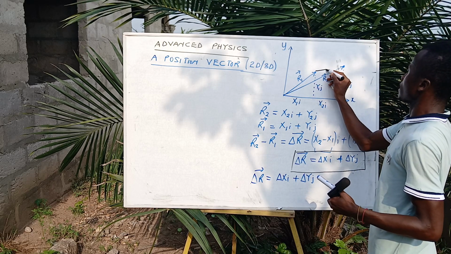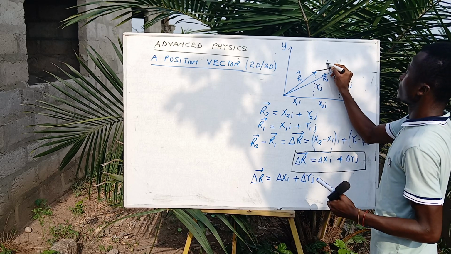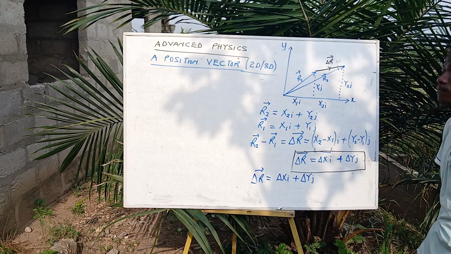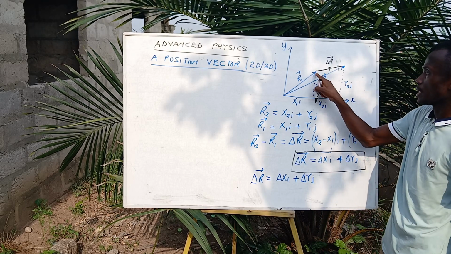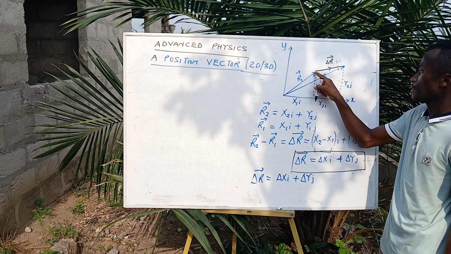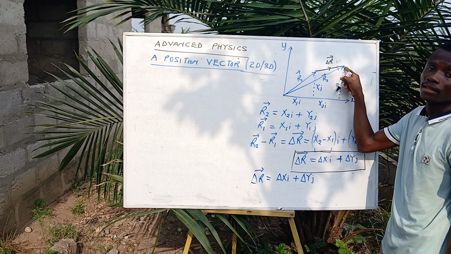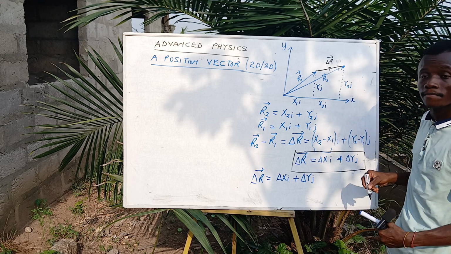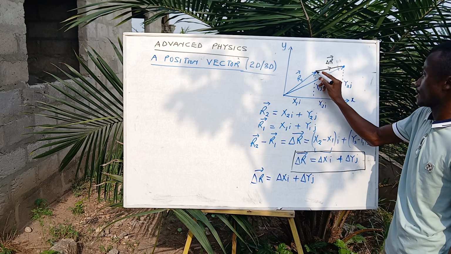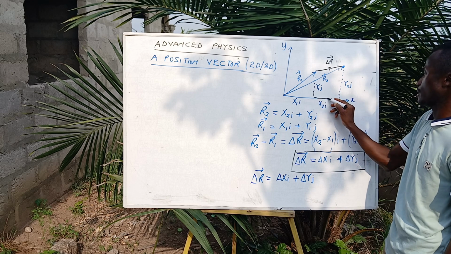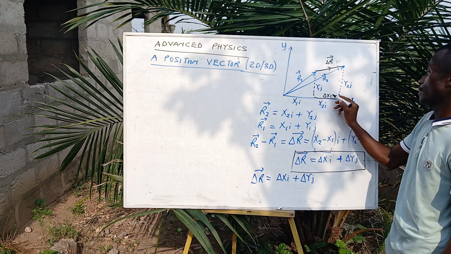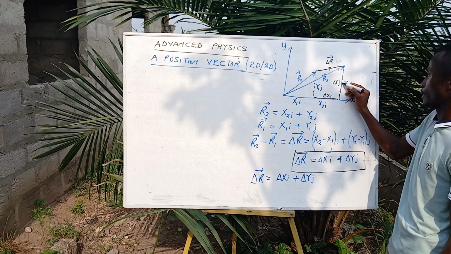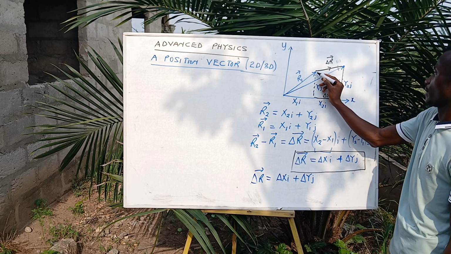So this vector here represents the change of the position function, delta r. So the object was originally here. Then it moved to this position. The delta r represents that change. And delta r is also a vector, which is delta x in the i direction, and then delta y in the j direction.